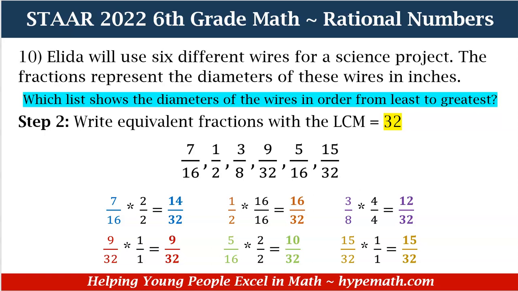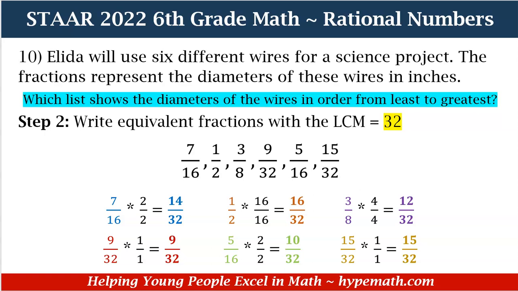So 7 over 16 times 2 over 2. We multiply our numerators: 7 times 2 is equal to 14. 16 times 2 is equal to 32. So now our equivalent fraction for 7 over 16 is 14 over 32.